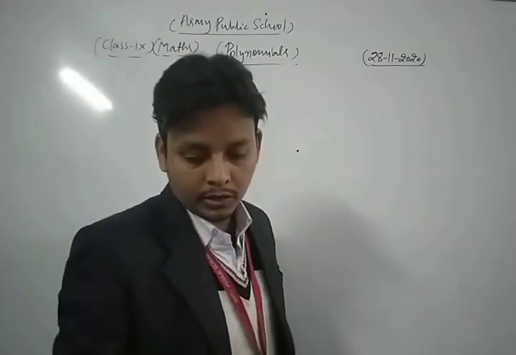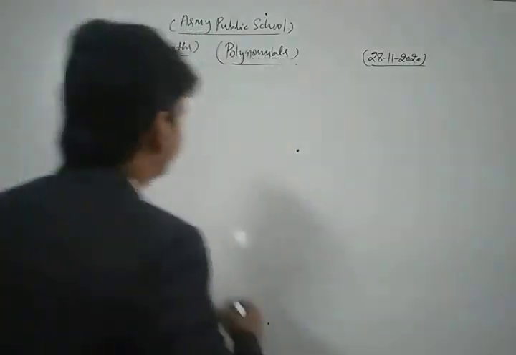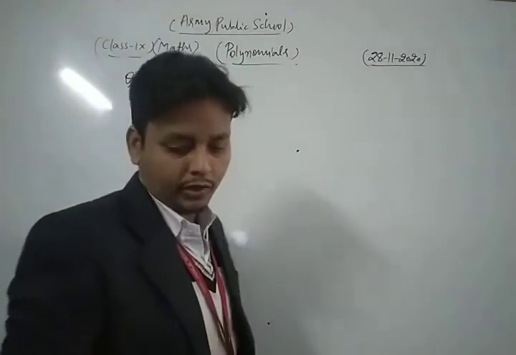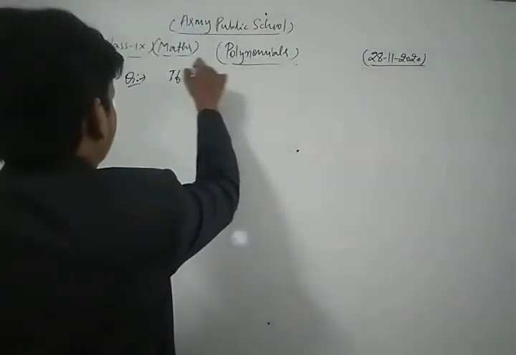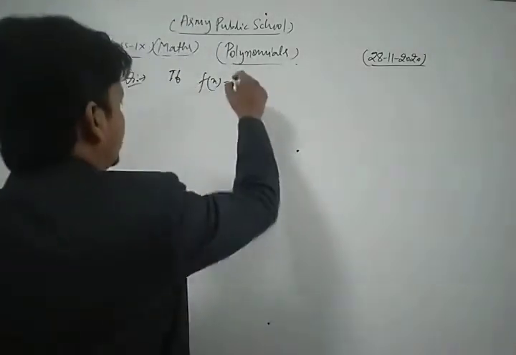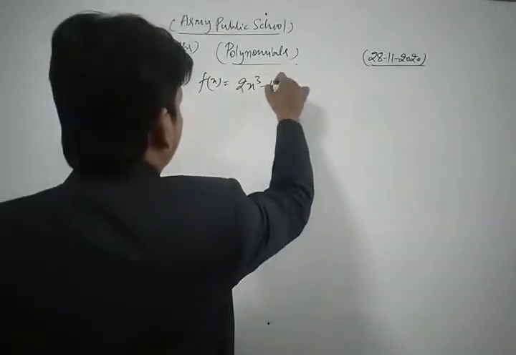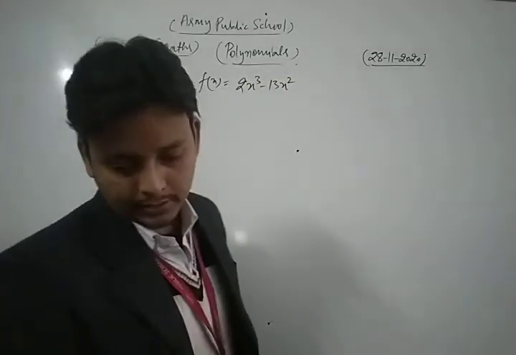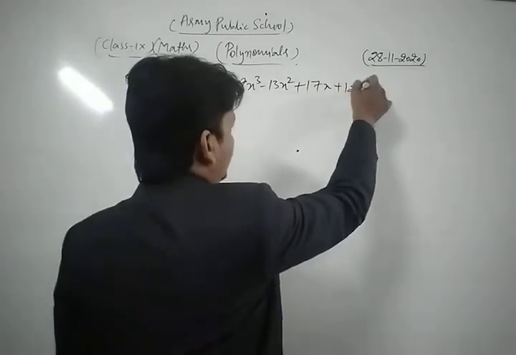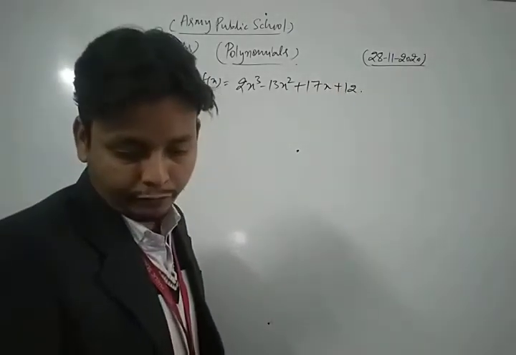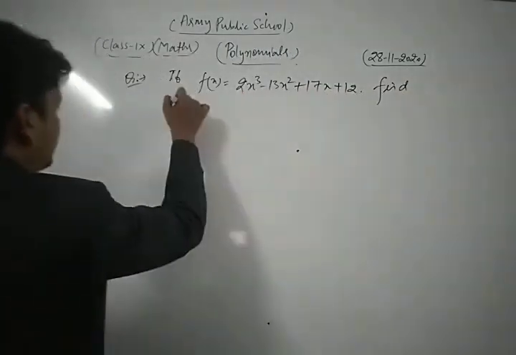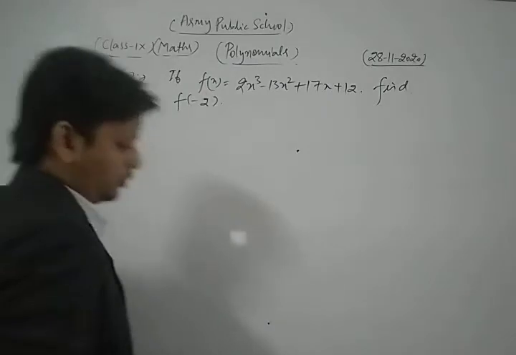Now listen, we take a question. If f of x is equal to 2x cube minus 13x square plus 17x plus 12, find f of minus 2.